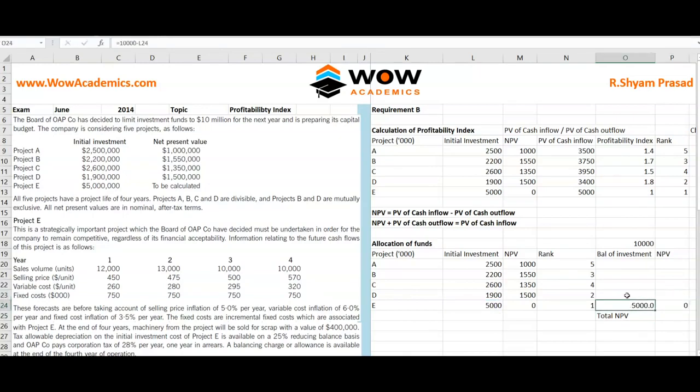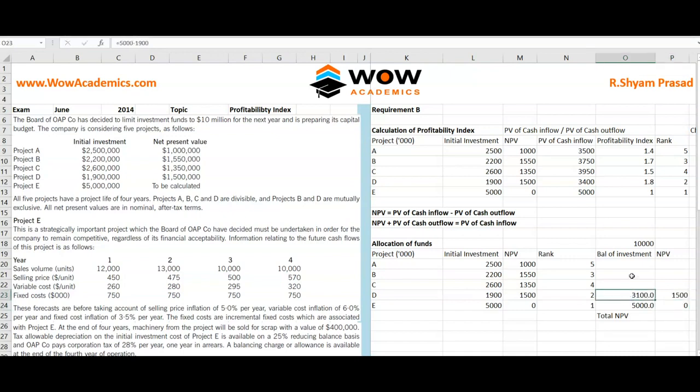And next we will go to D. In D we have 5,000 in hand. If we invest in D, because it's rank number 2, we have to spend 1,900, and the balance we have is 3,100. But NPV is the full NPV we can invest.